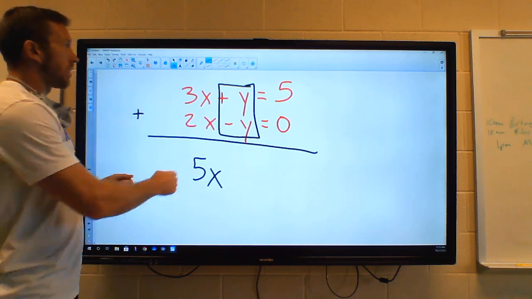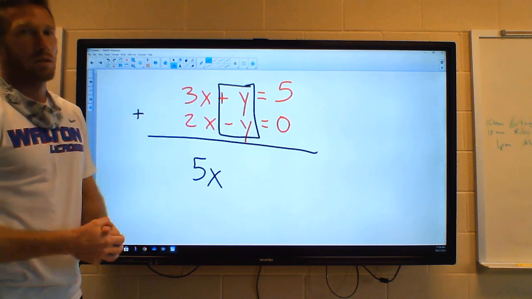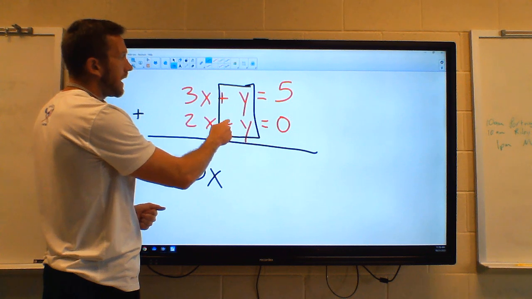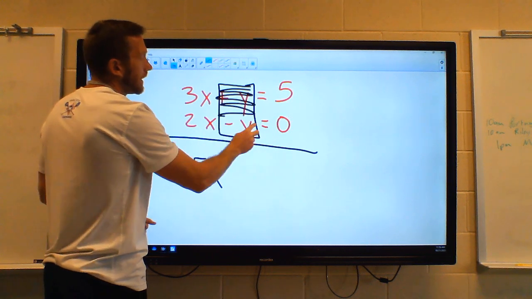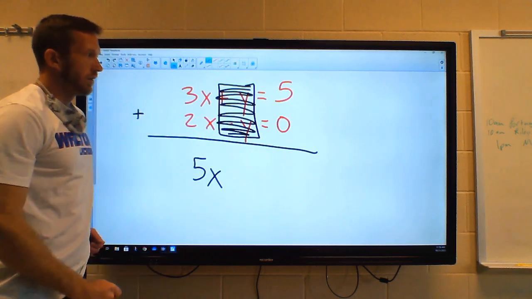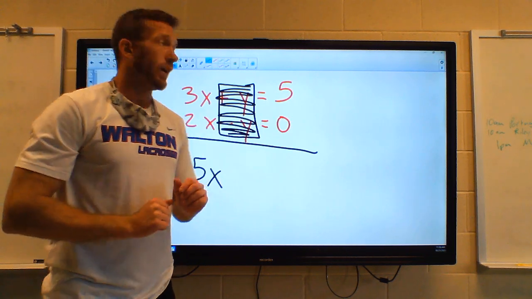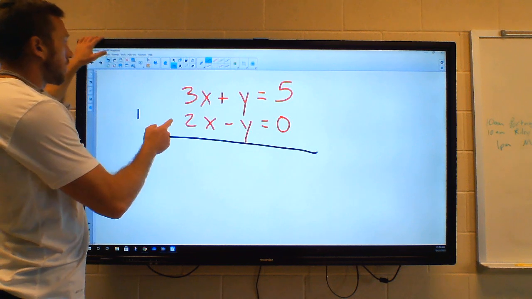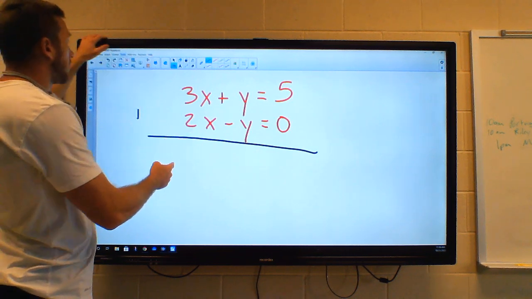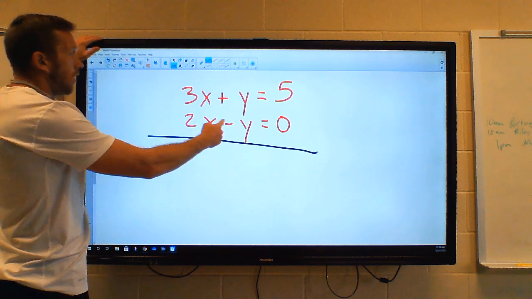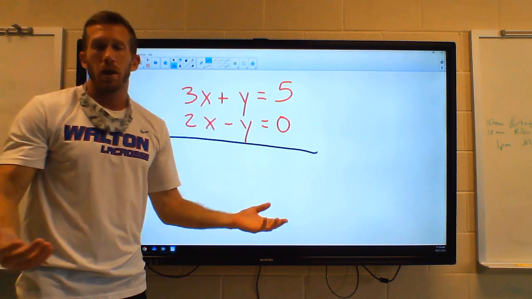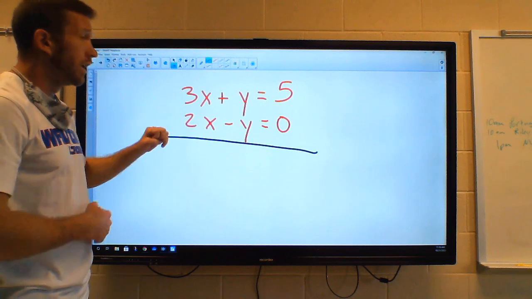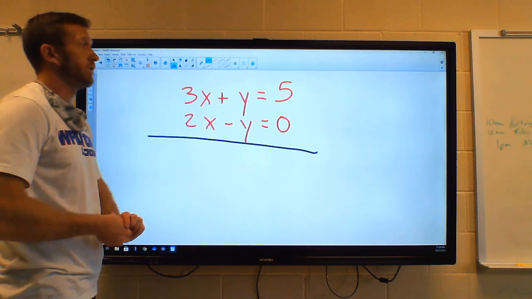If I also combine my y terms via addition, I have a positive y and a negative y, which completely cancels out. That's the whole goal of this, because right now we have two equations, and it's tough to solve two equations when there are two variables that we don't know. This is called having two equations with two unknowns. There's two variables that we don't know what the value is for each of them.